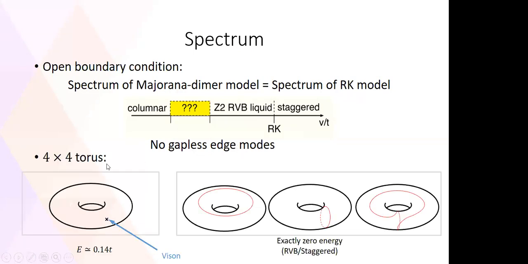You can also ask what happens on the torus. On the torus it's more complicated because you can no longer solve the RK point using Pfaffian techniques. I think there's a recent paper that shows how it's done, but it came about after this paper was published.